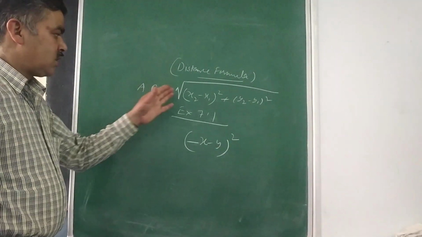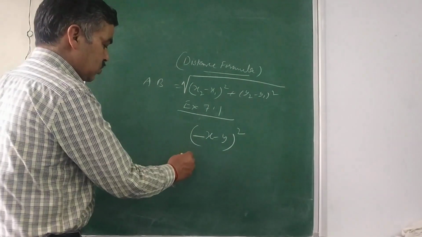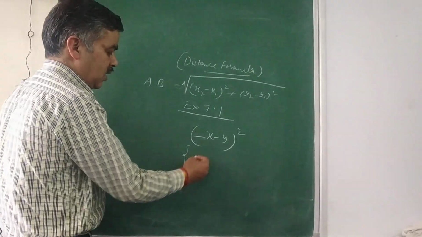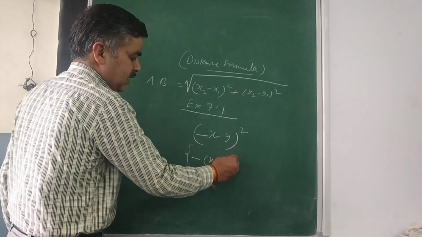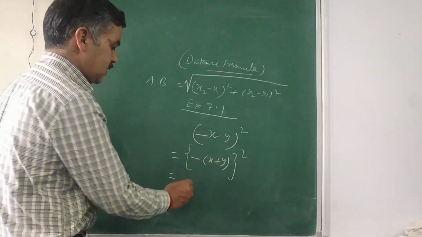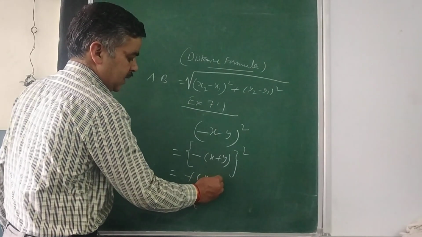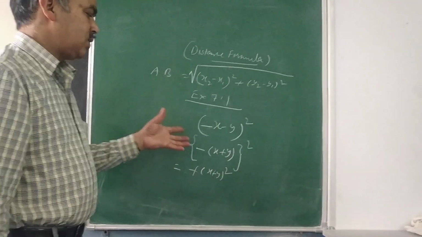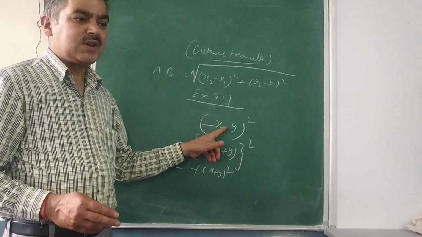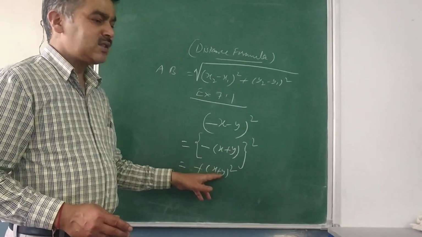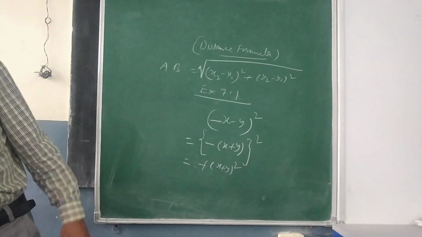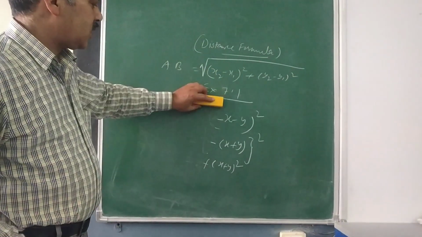If it is coming in this form, both are negative, so from the understanding point of view, I want to make it very clear to you. Take minus common always only once and then write it as x plus y whole square. Now you know very well that the square of minus is always plus, so it becomes automatically x plus y whole square. So make it very clear at the initial stage: if both consist of the negative sign, that will always be considered as a plus b whole square. So these are the things you have to apply during the application of your distance formula.